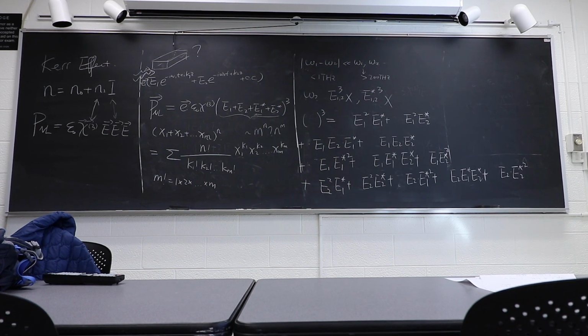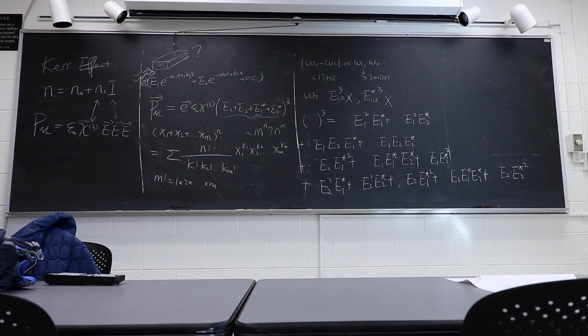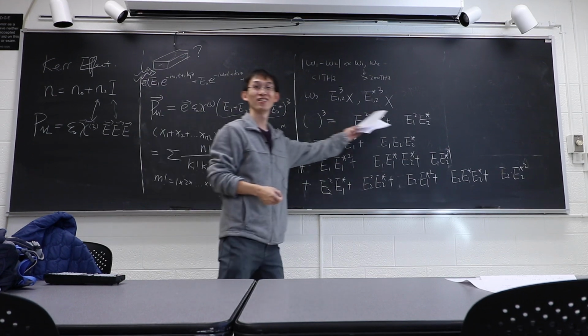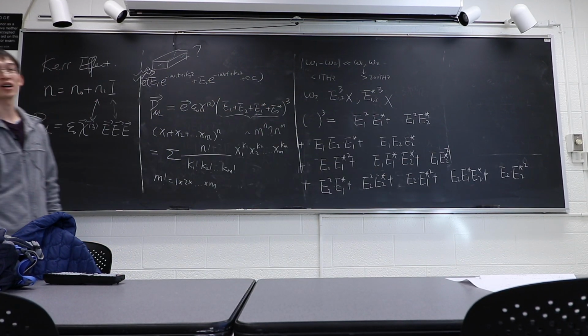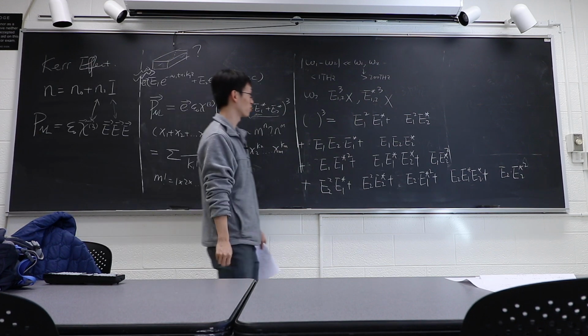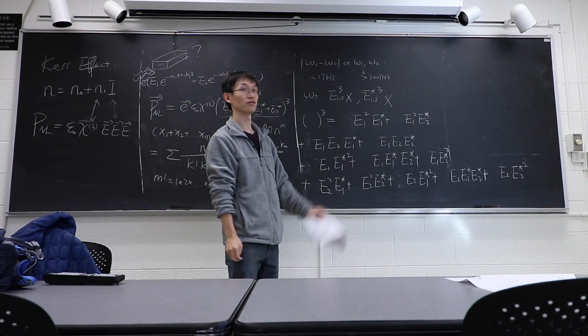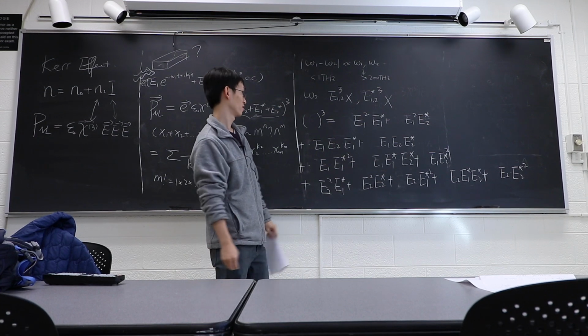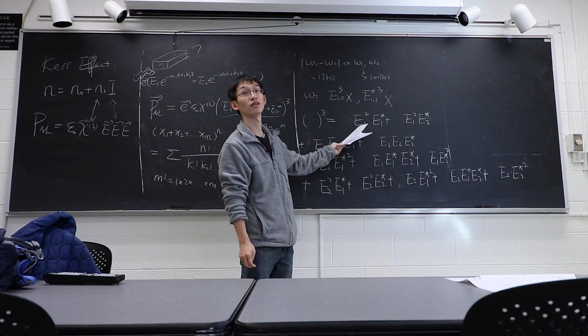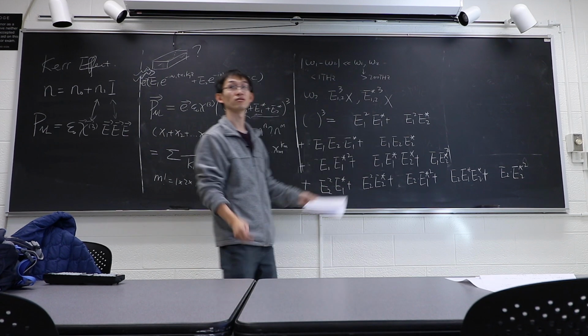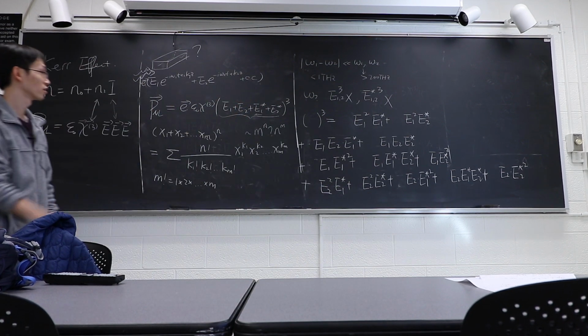Any idea? Do we need to go through every one of them? There's actually only two types of terms here. One is that all three terms are different, right? The other type is that there are two terms that are identical, right? So there's only two types of coefficient here.